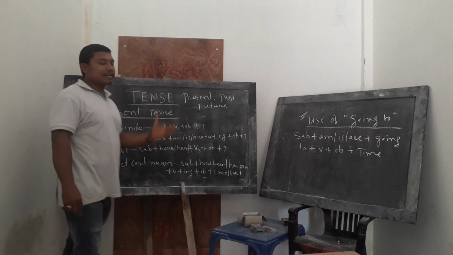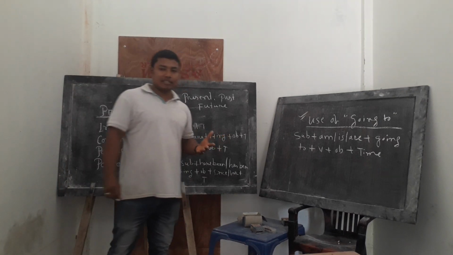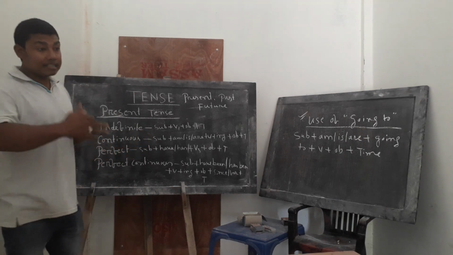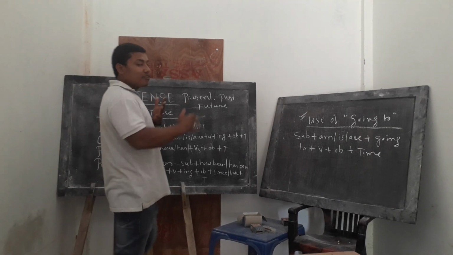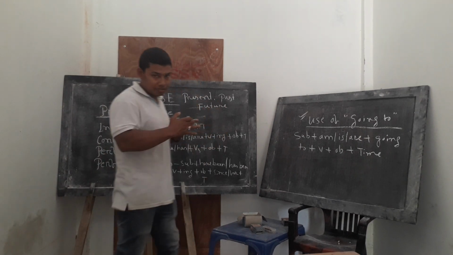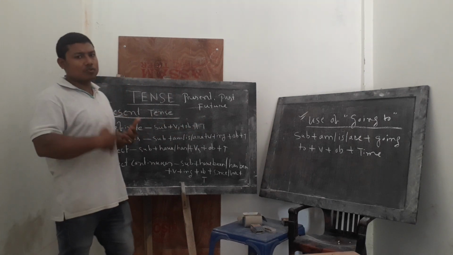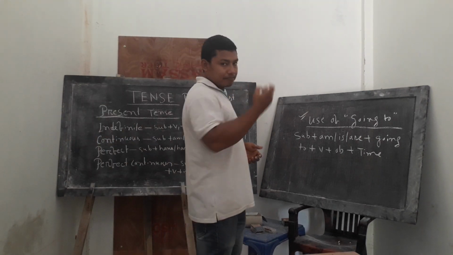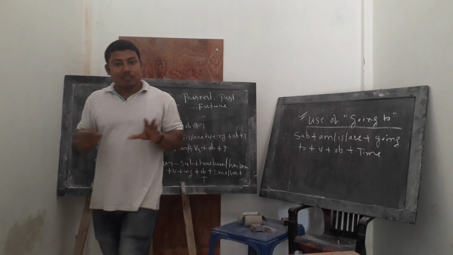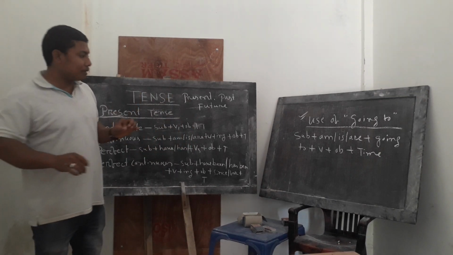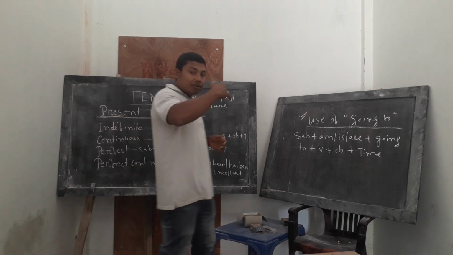If we take some other example of the use of going to in present continuous tense, we can say my mother is going to prepare pulao, suppose. Or my mother is going to prepare chicken. Although she is not cooking chicken yet, she is preparing for cooking chicken.